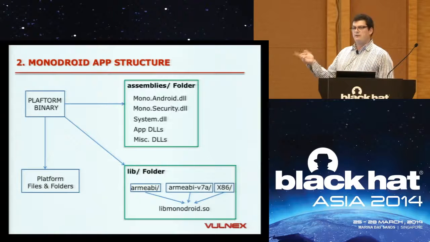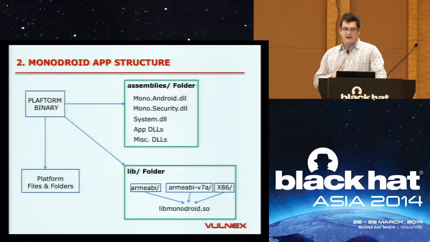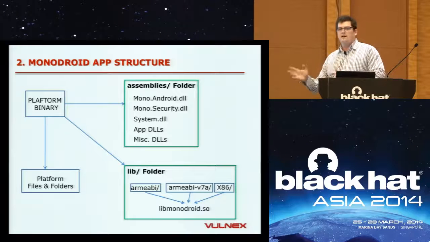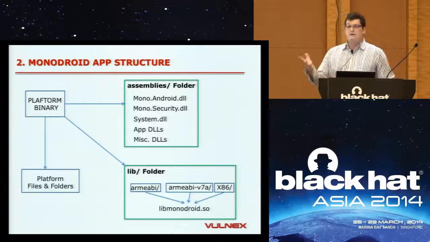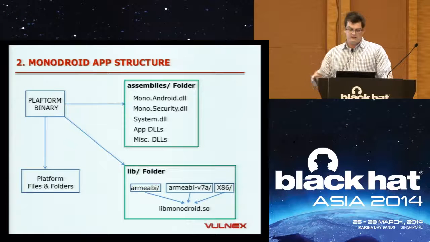In the assemblies folder, we can find the Mono DLLs, application DLLs, and whatever DLLs we need. In the assemblies we will find all these .NET libraries, pretty much the Windows .NET libraries. But the binary will run all these DLLs for you.